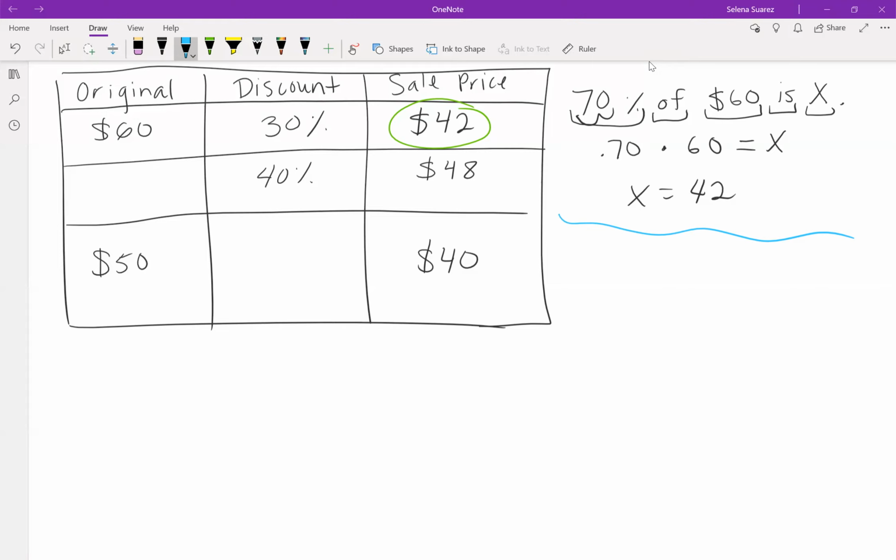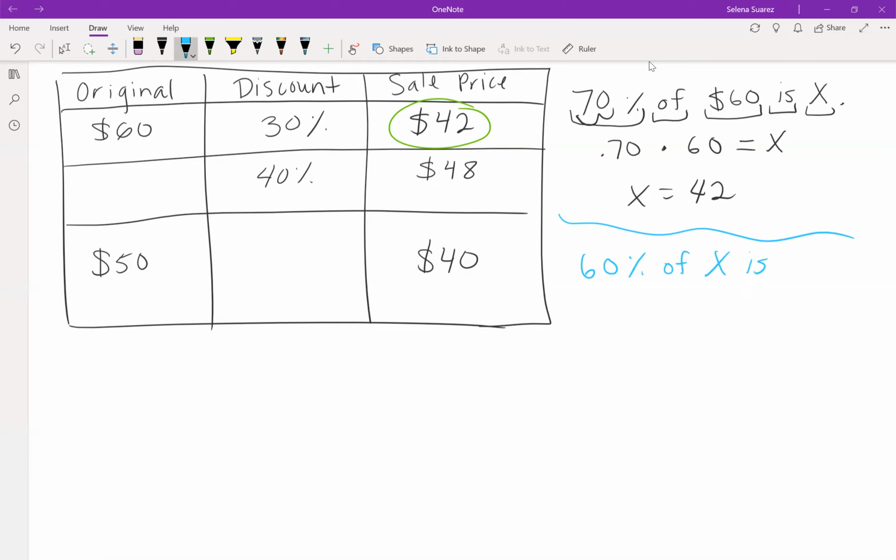Okay, so let me write this out. If the discount is 40%, what am I going to pay? I'm only going to pay 60% of the original price. So 60% of the original price, which I don't know, that's what I'm solving for, so I'm going to put a variable X, is going to be the sale price.